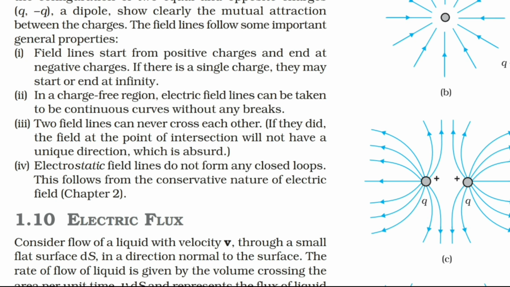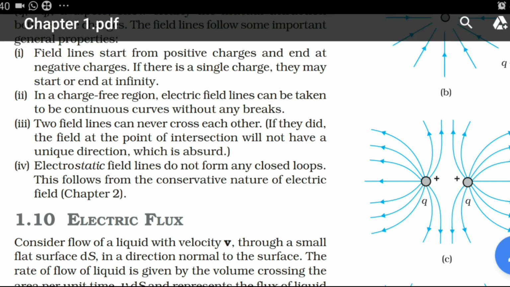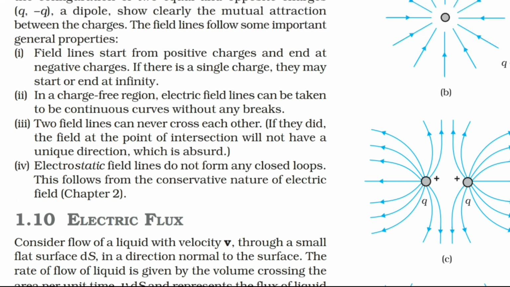This can come as a 1 mark question. They may ask, two field lines can never cross each other, why? So how will you write the answer? The answer is: if the field lines intersect each other, at the point of intersection there are two directions possible, which cannot be.